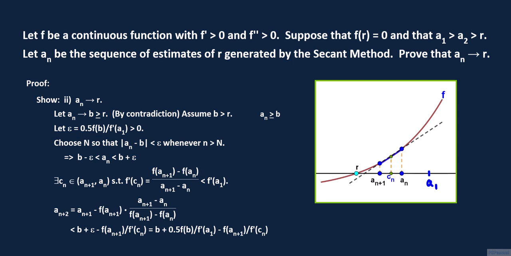We carry out another mano a mano, this time with this fraction. Since f is strictly increasing and the limit b is a lower bound for all of the a sub n's, f of a sub n plus 1 is greater than or equal to f of b. And we already know that f prime of c sub n is less than f prime of a sub 1.